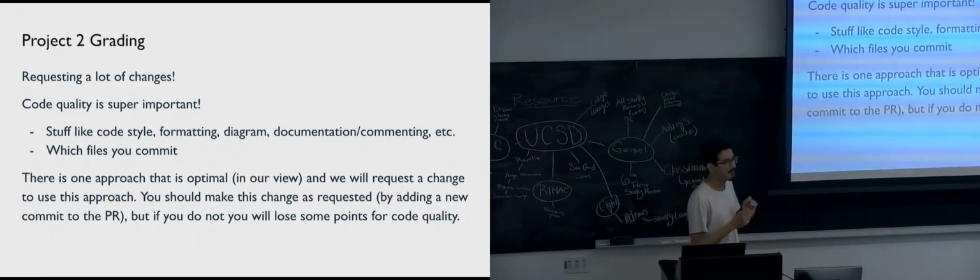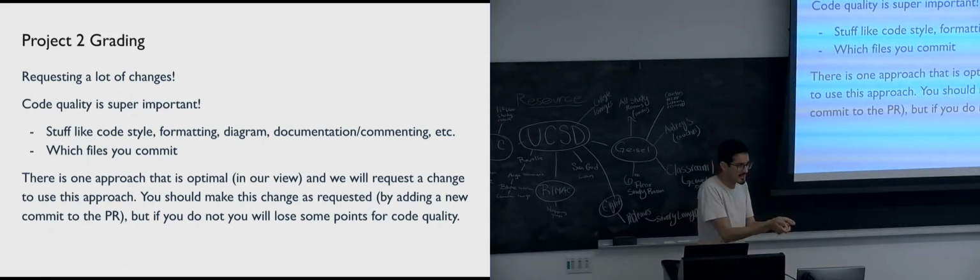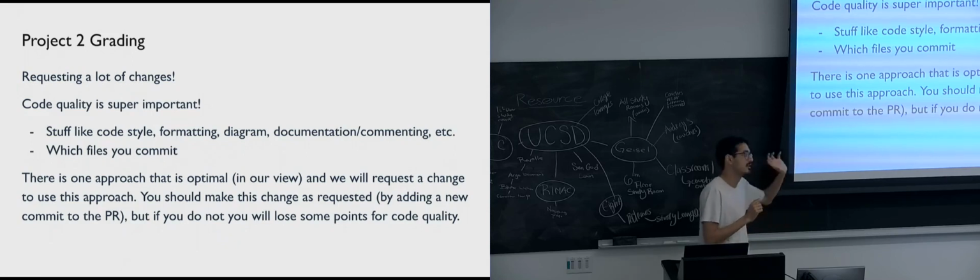You'll want to make all of those changes to get full points back for any of those requested changes, okay? As long as you do all of the requested changes, you'll get a pretty good score. We might make some minor adjustments based on the quality of the diagram or the process journal design document and maybe the full functionality that you implement. Of course, if you implement everything, you'll get full points, but some people did more as well.